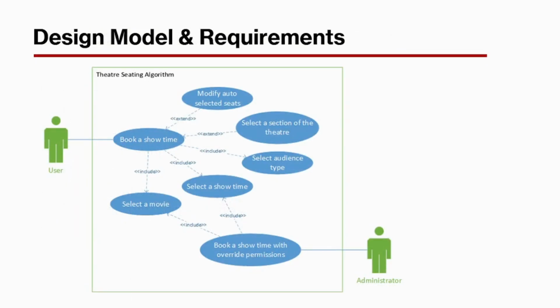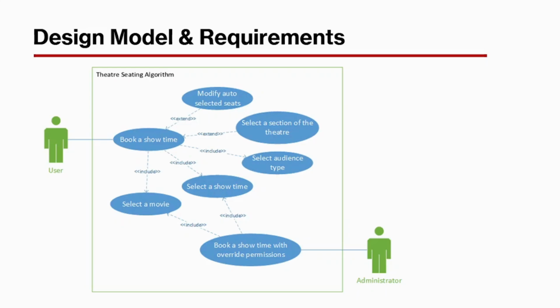Before we start developing the system, after documenting the functional and non-functional requirements, I have designed different UML diagrams for the system. First I have created a use case diagram. It basically has two actors, the user and the administrator.